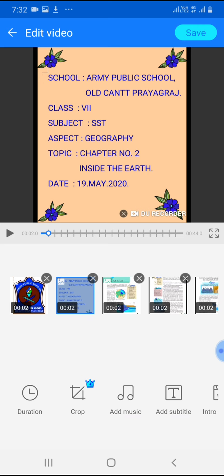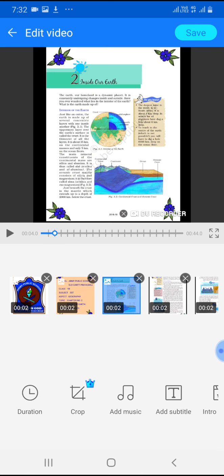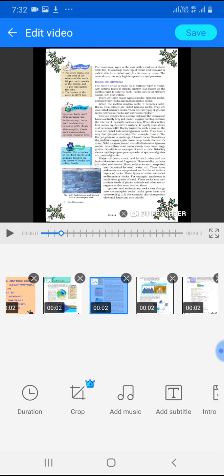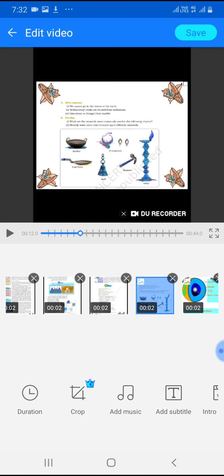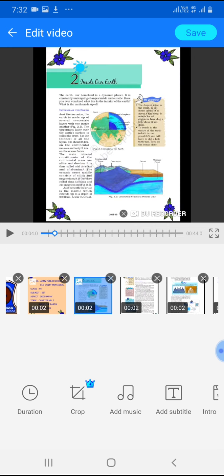In this chapter, we have already learned about the interior of the earth, different kinds of rocks, minerals, and the types of rock, etc. So, students, today we will recapitulate all the important points given in your book.